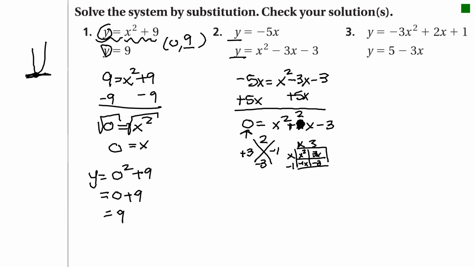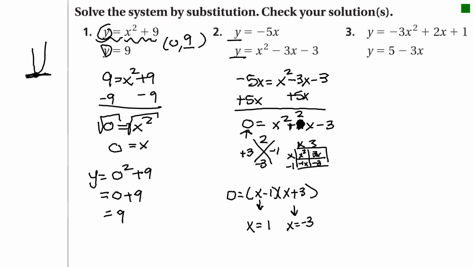All right, so we have 0 equals x minus 1 and x plus 3. So using the zero product property, we have that x is equal to positive 1 and x is equal to negative 3.